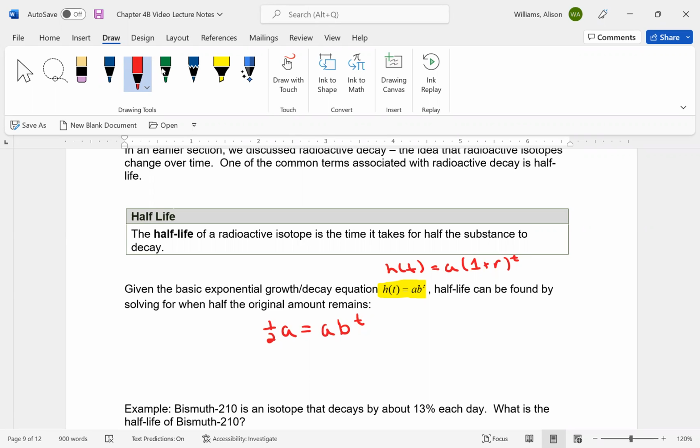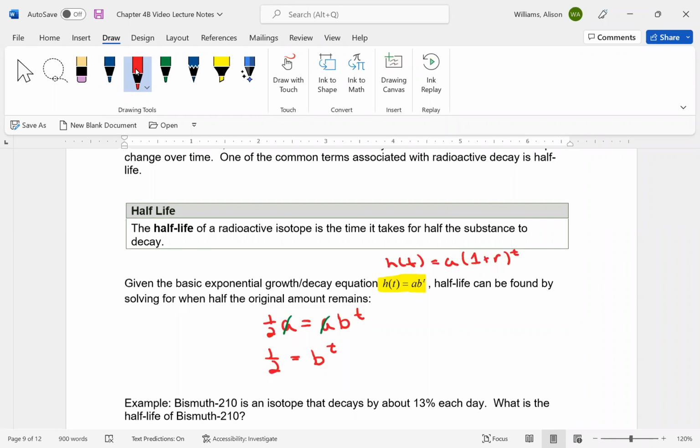Because in this equation, I could cancel the A, and basically I'm trying to figure out when B to the T is going to equal 1/2, because then it'd take half of the original amount. So that's the kind of approach we'll use when we're looking at half-lives. We might do some different values, but we'll keep connecting back to half-life as we work through some examples.